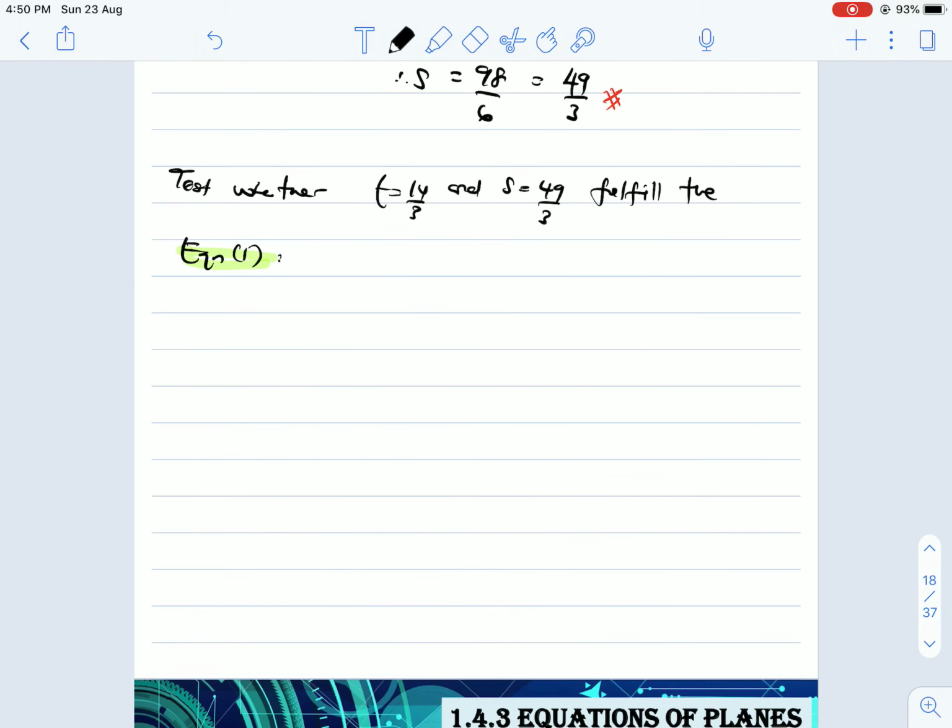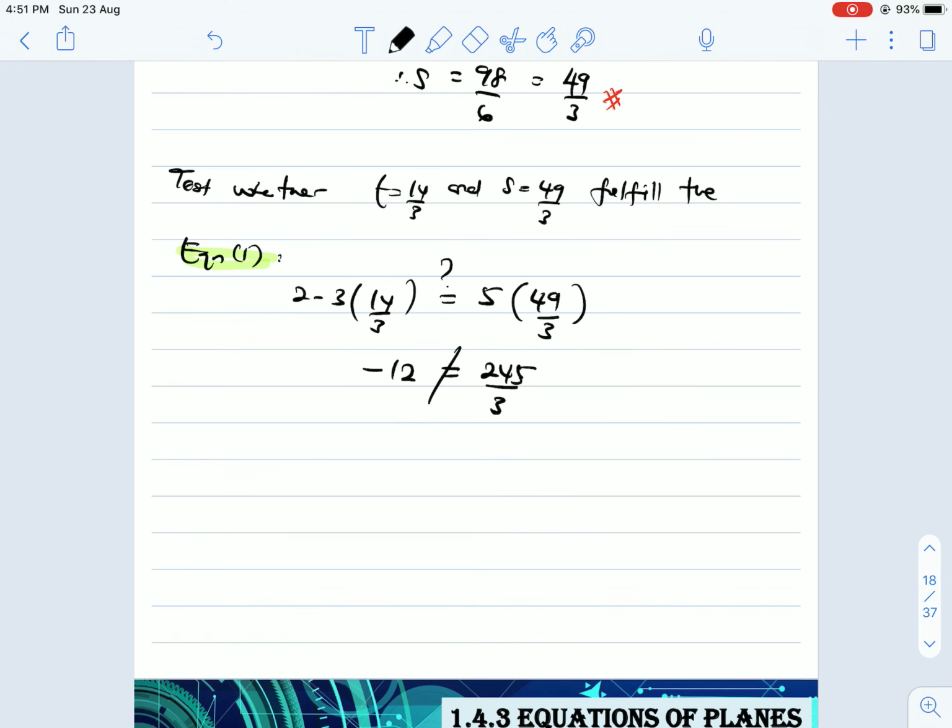So substitute into the first equation. We have 2 minus 3 times 14 over 3. Is it equal to 5s, so 5 times 49 over 3? Here we have 2 minus 14, we get negative 12. Is it equal to 5 times 49, which is 245 over 3?